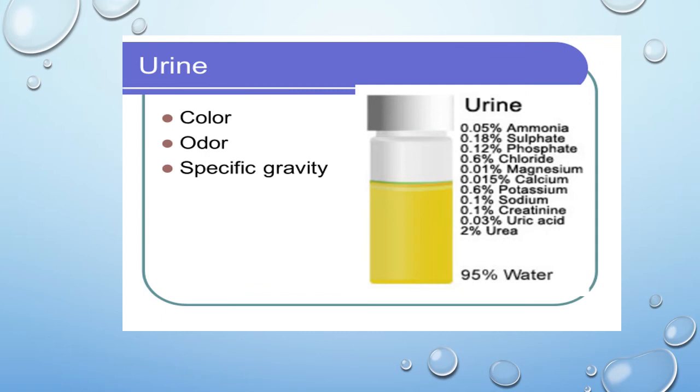The deeper, really school bus yellow color is dictated by the destruction of hemoglobin. Red blood cells contain a protein called hemoglobin. When the red blood cell dies, we have to get rid of that hemoglobin. We have to break it down, and it produces urochrome.